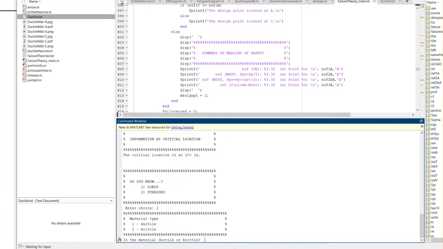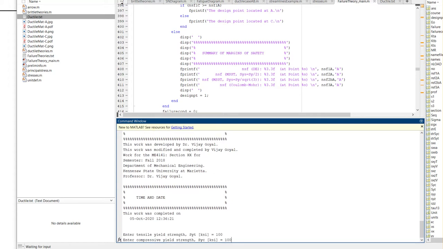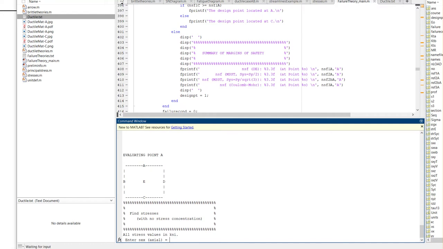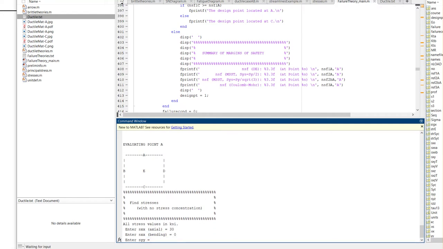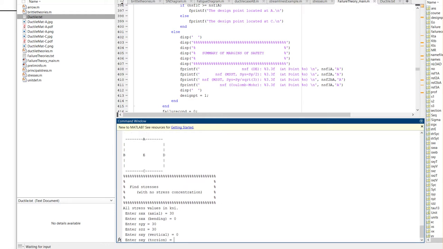We have stresses. It's a ductile material. This is 100. This is 40,000. And now all my normal stresses are 30 KSI for this particular example, and everything else is 0.